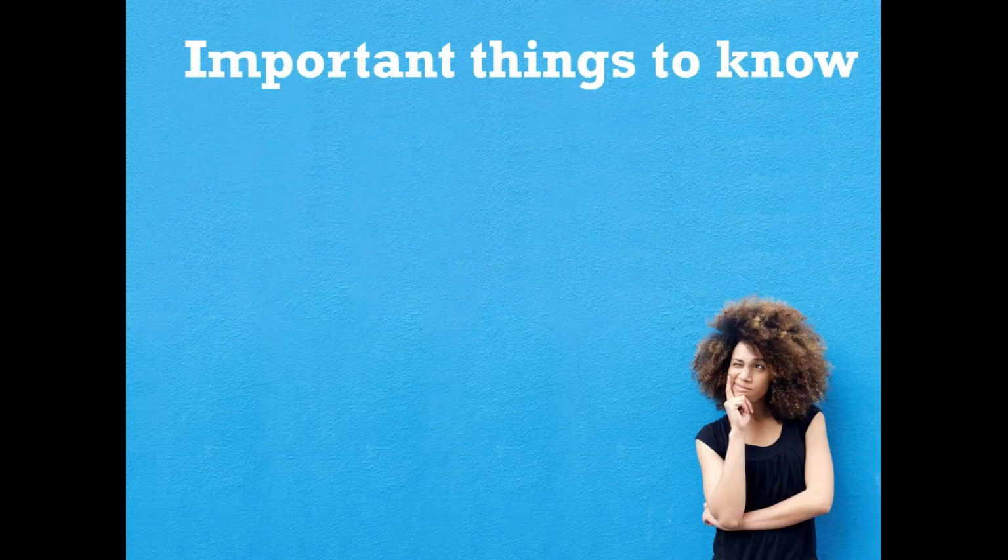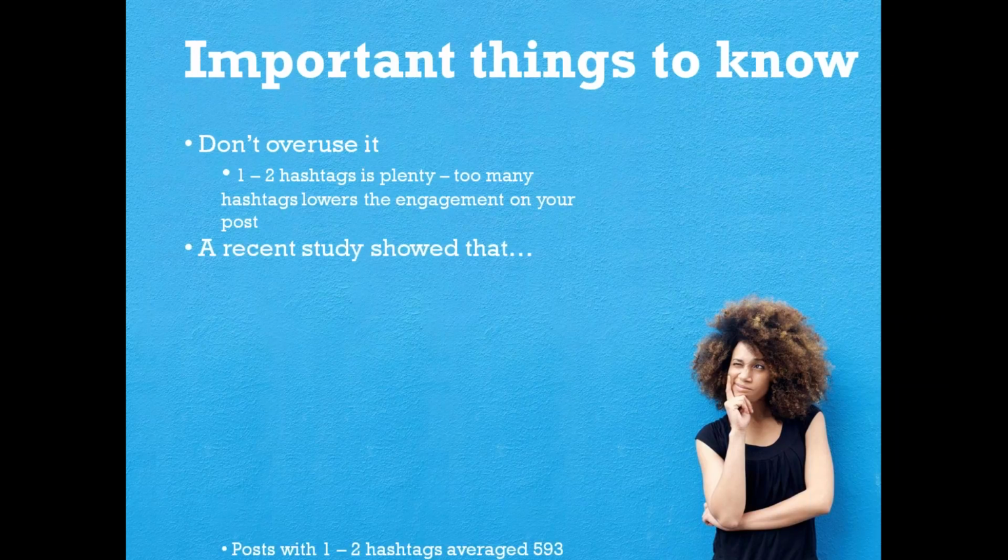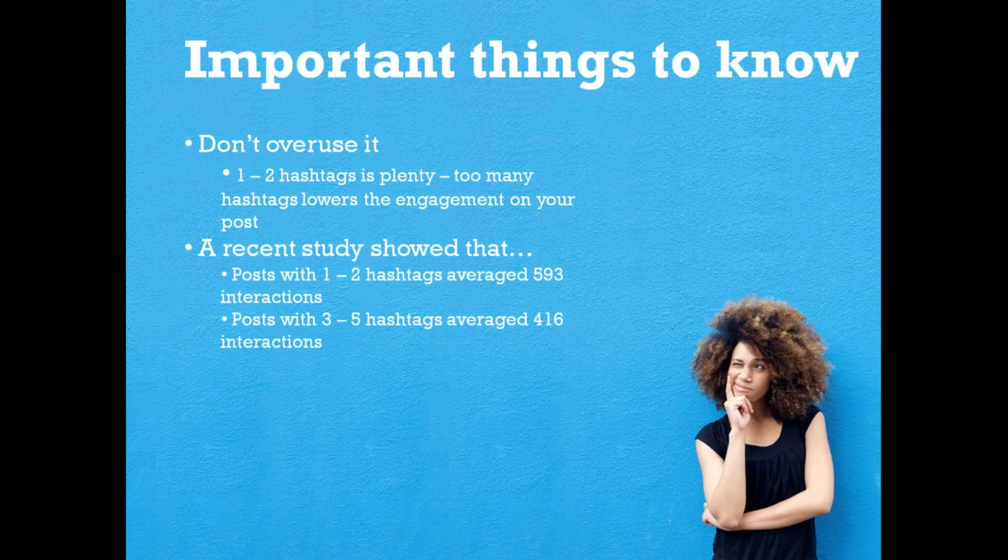So let's talk about a few important things to know about hashtags. Don't overuse them. You don't want to put 100 hashtags on each post. 1 to 2 is plenty, and in fact, too many of them actually lowers the engagement on your post. A recent study showed that on Facebook, posts with 1 to 2 hashtags averaged 593 interactions.